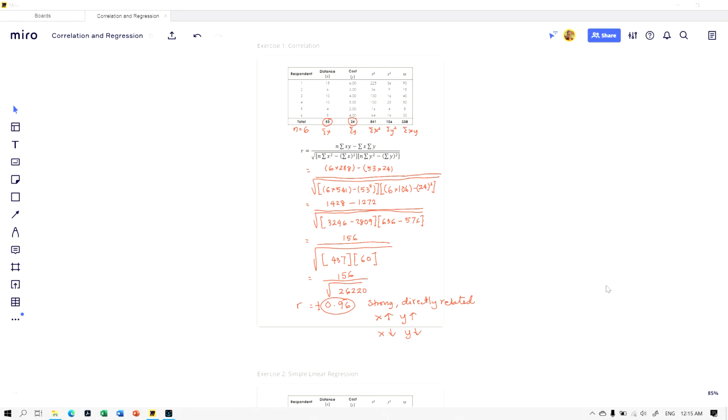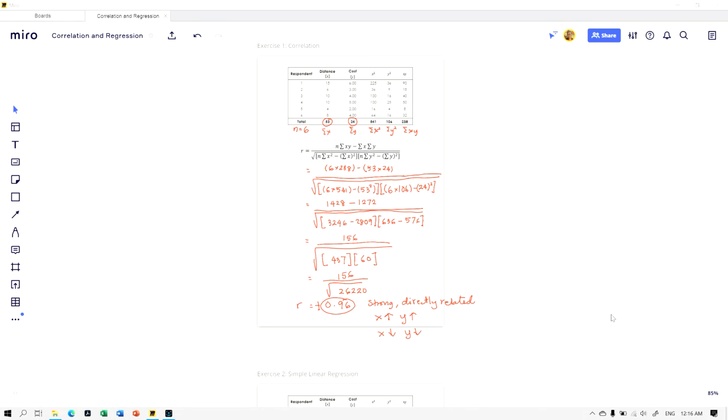The higher the number, the stronger the relationship is, and the lower the number, the weaker the relationship is between the two quantitative variables.